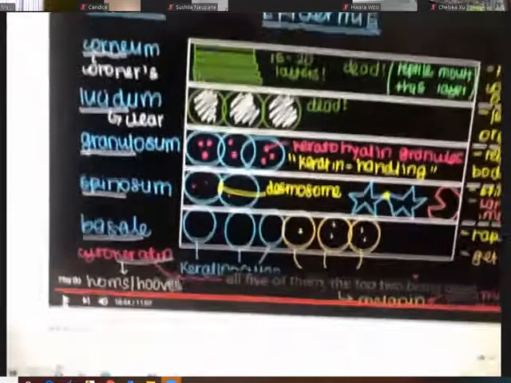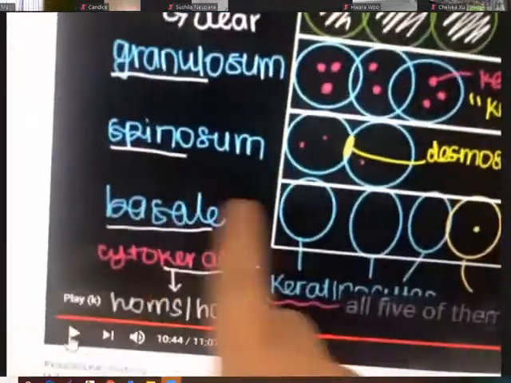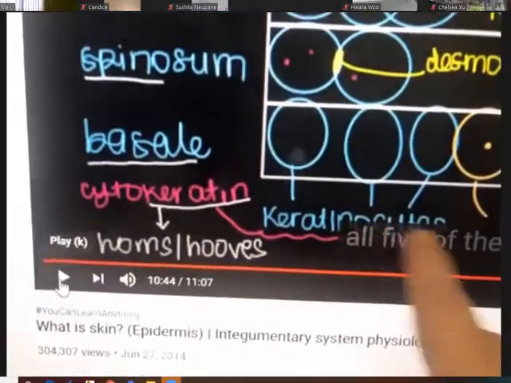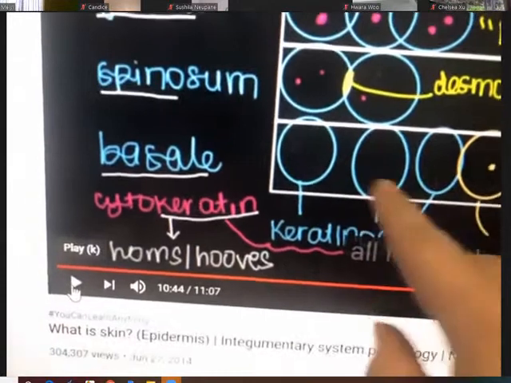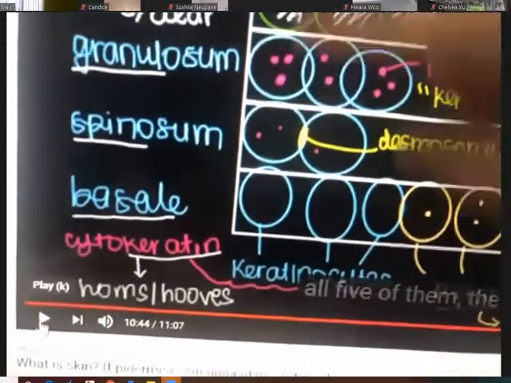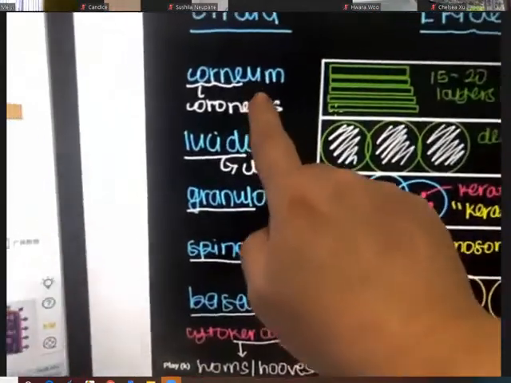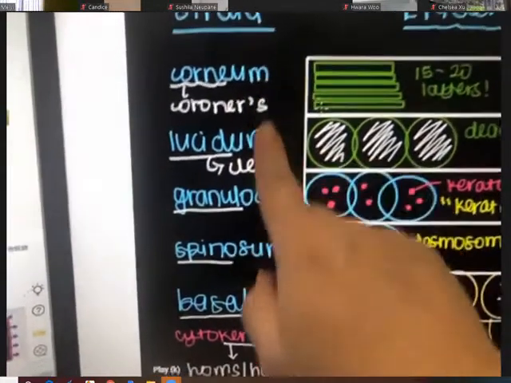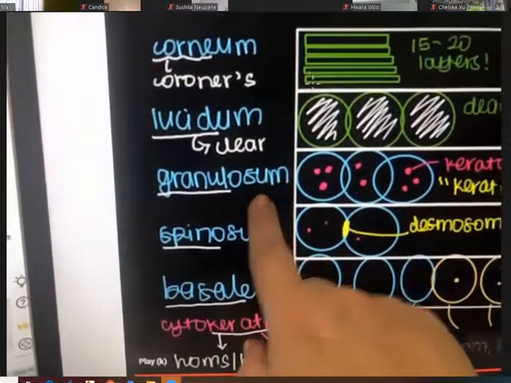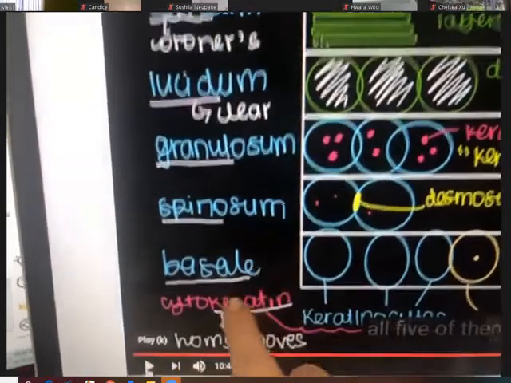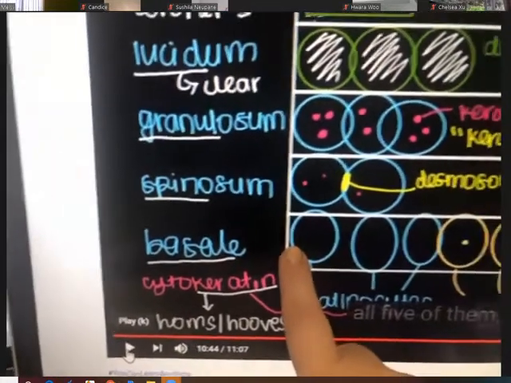Okay, so in this video, you can see in the basal layer we have the keratinocytes, which is the cell that is 95% of the epidermis. These are the 5 layers of skin: stratum corneum, stratum lucidum, stratum granulosum, stratum spinosum, and stratum germinativum, which is called the basal layer.